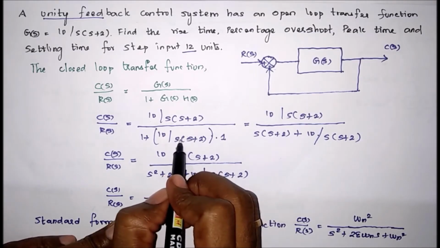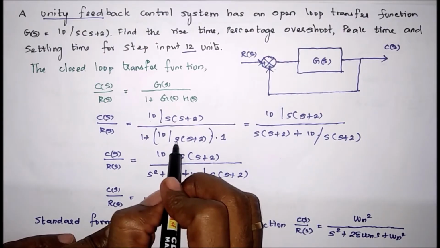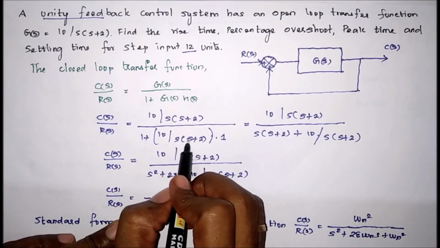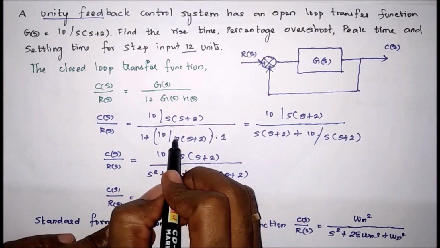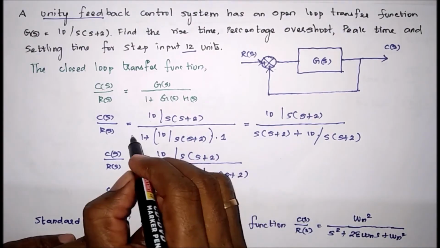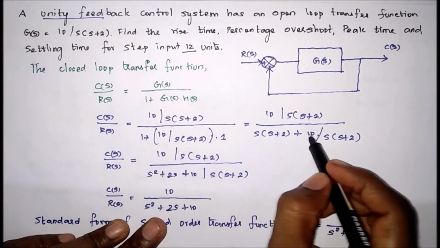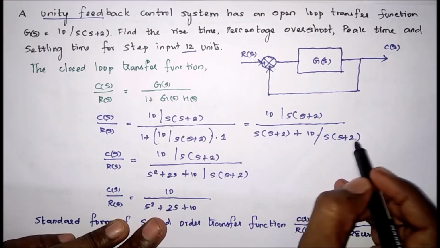So here we have to take the LCM. The denominator of this term is s into (s plus 2), so we multiply here, and then it becomes common for this term and this term. So now we have s into (s plus 2) plus 10, divided by the common s into (s plus 2).